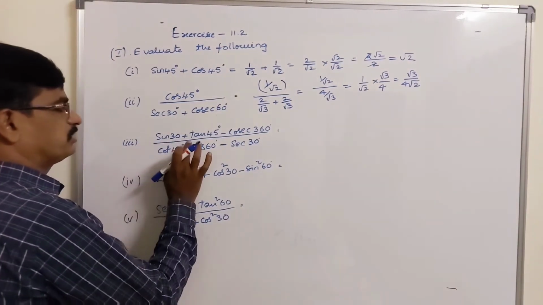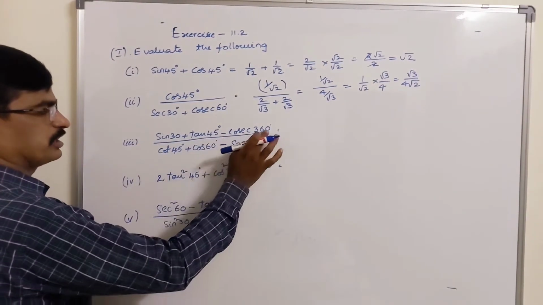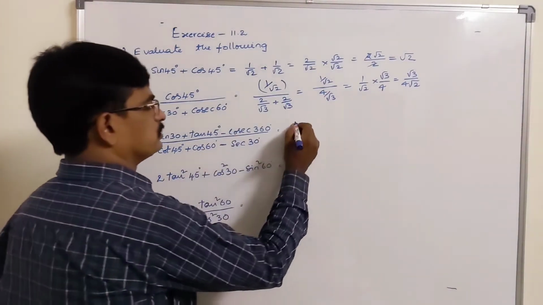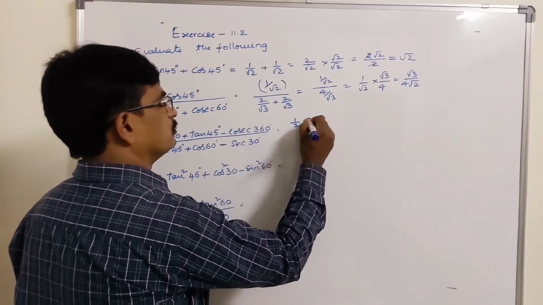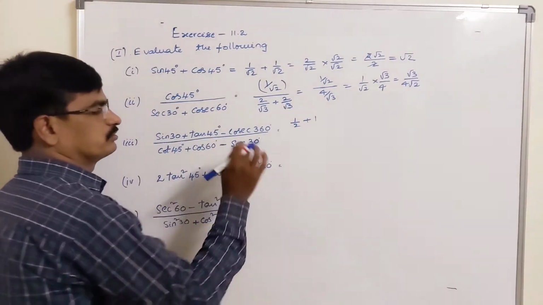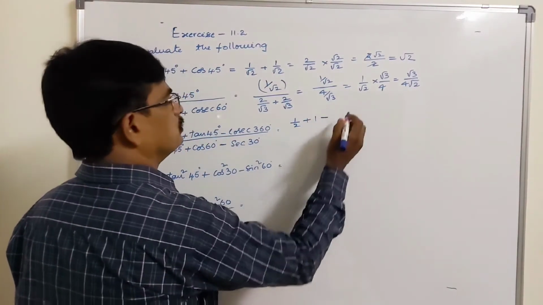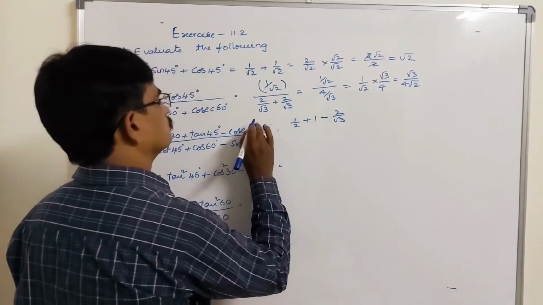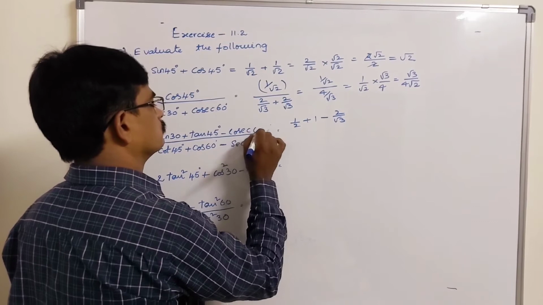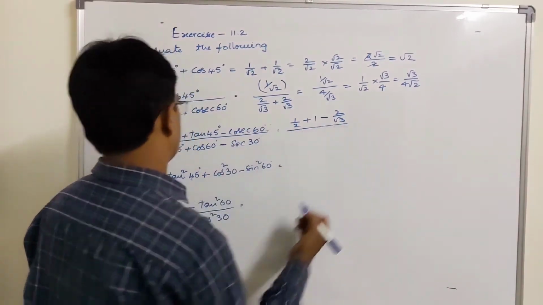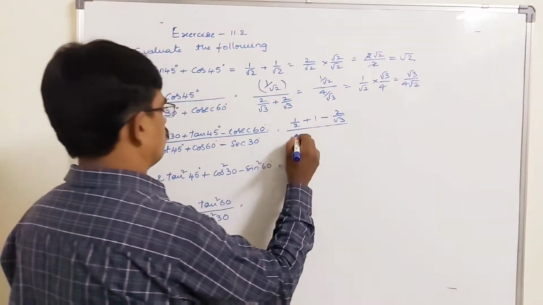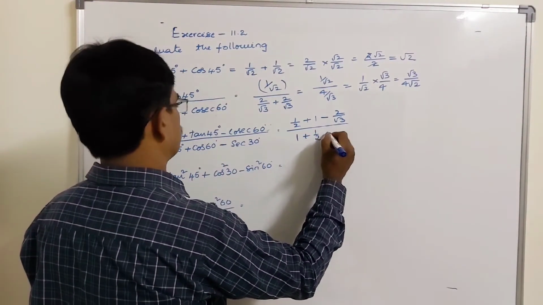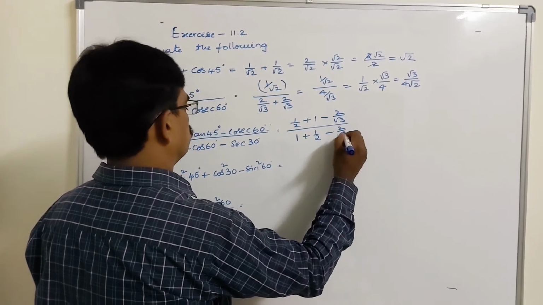Third one: sin 30 plus tan 45 minus cosecant 60 by cot 45 plus cos 60 minus secant 30. Sin 30 is 1 by 2 plus 1 (tan 45) minus 2 by root 3, by cot 45 which is 1, plus cos 60 which is 1 by 2, minus secant 30 which is 2 by root 3.